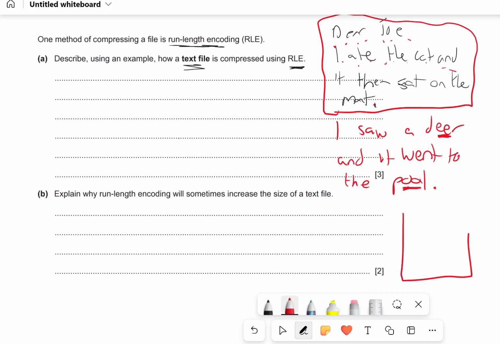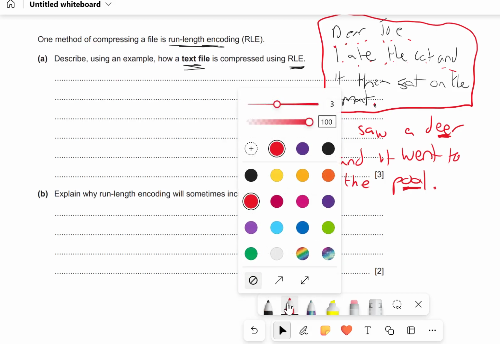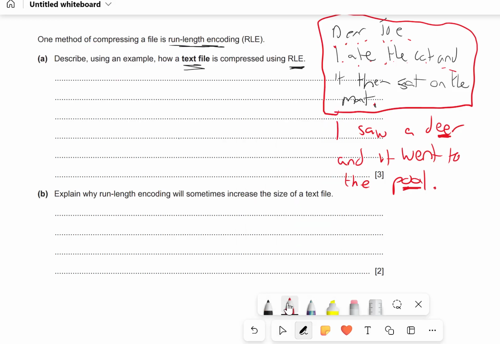So what we can do in run-length encoding is it'll put into a table 1, 2, E, O. So the letter is going to be sent, Dear Joe, blah, blah, blah. I saw a D, E, and then I'm going to do 1 because there's another E after this.